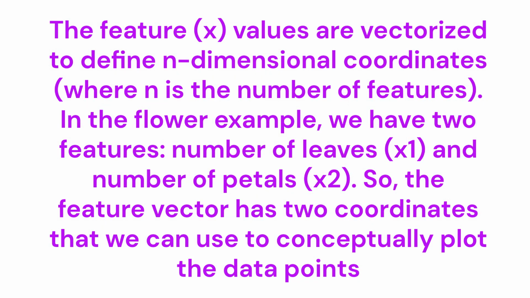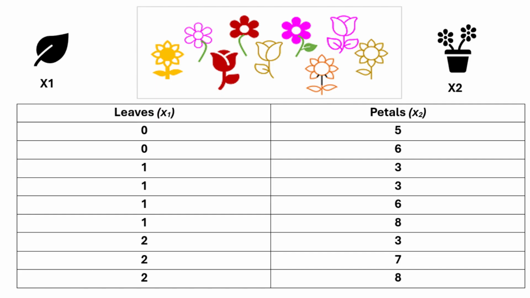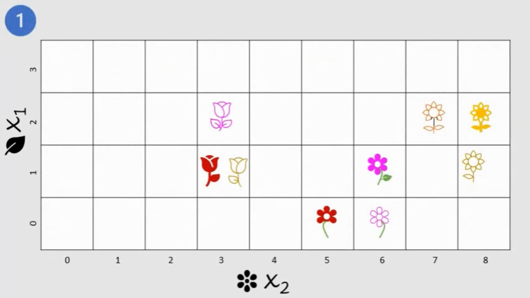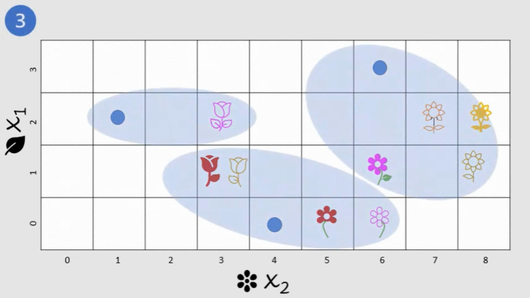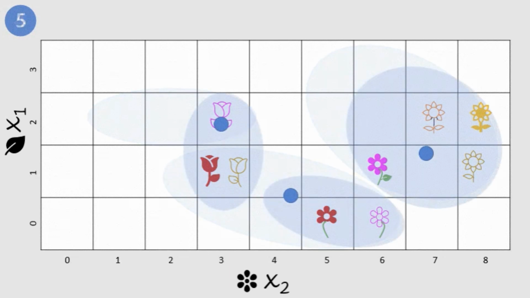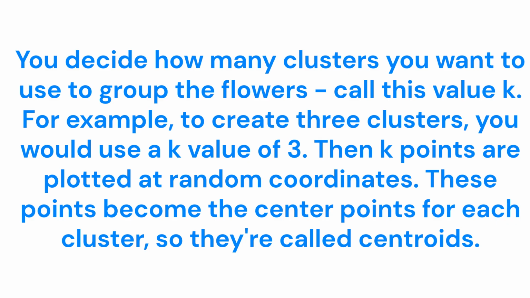In the flower example, we have two features, number of leaves, x1, and number of petals, x2. So, the feature vector has two coordinates that we can use to conceptually plot the data points in two-dimensional space, x1, x2. 2. You decide how many clusters you want to use to group the flowers. Call this value k. For example, to create 3 clusters, you would use a k value of 3.